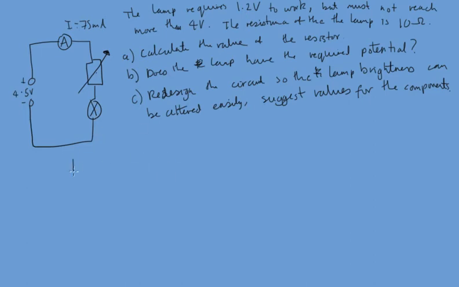So the lowest potential that the lamp can have is 1.2, and the greatest is 4 volts. Well, we don't want it to actually reach 4, so we'll use 3.99 volts.